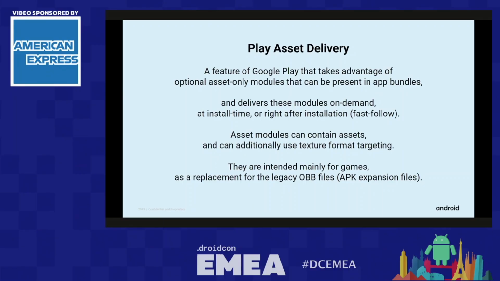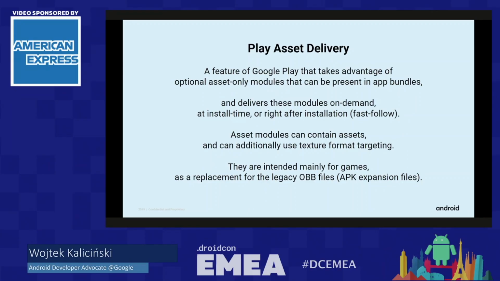Now, there is one thing that is new that actually requires that you use a certain directory structure, and that is texture format targeting. And you can read about it in our documentation. It's already live. And from what I've said so far, like assets, textures, you can probably guess that this is intended mainly for games.